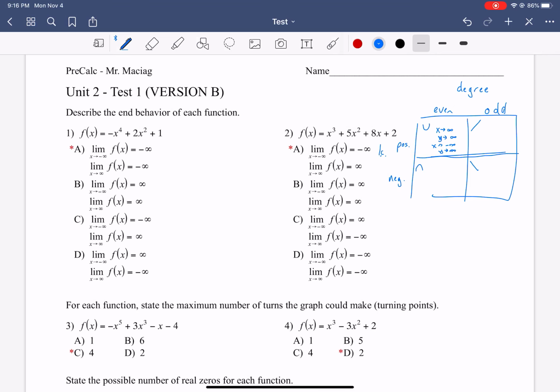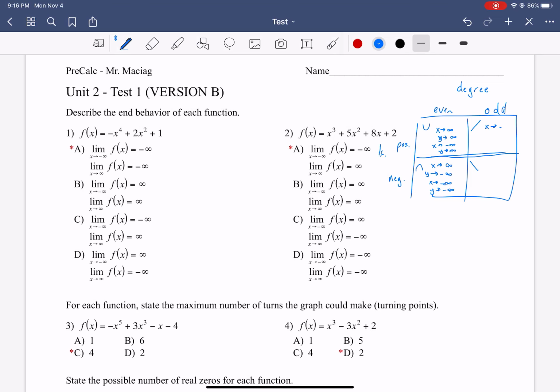Notice how the ends match. Likewise, for the negative parabola, y is going to go to negative infinity. As x goes to negative infinity, on the left, y goes to negative infinity. The end behaviors match.